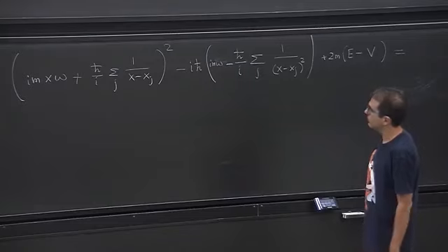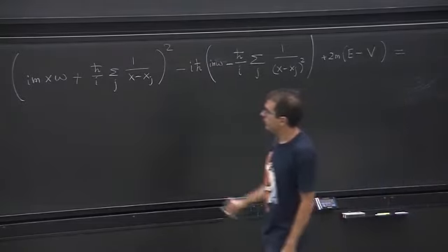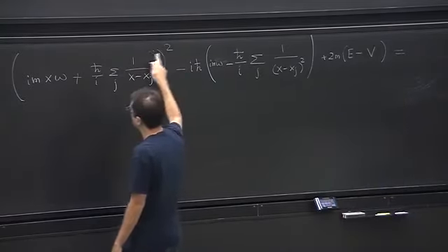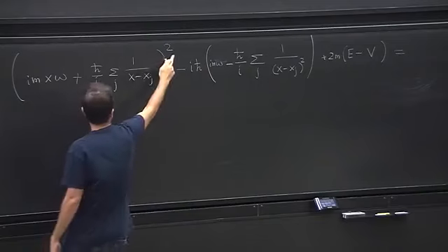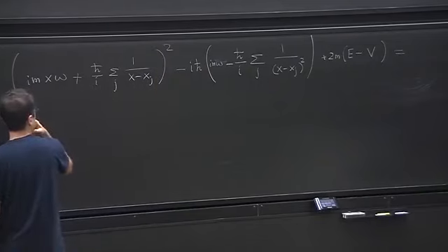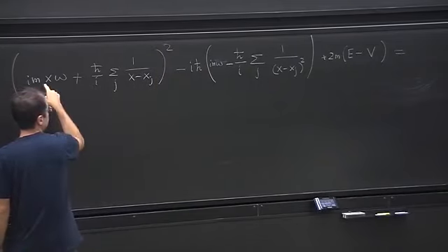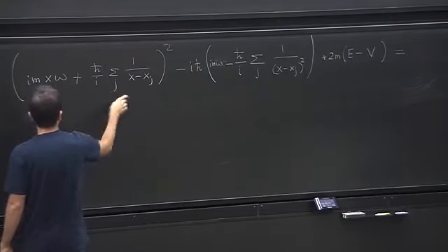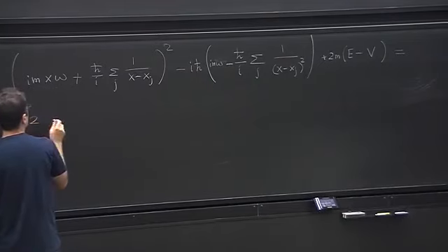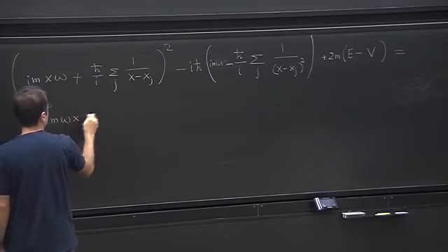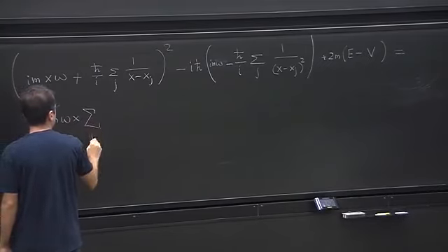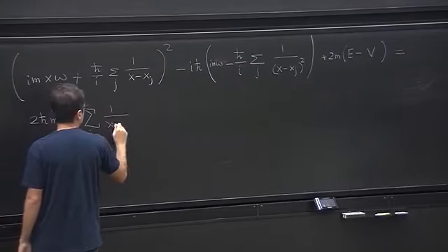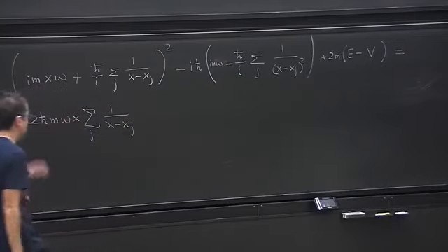Okay. And now what we see is the following. So let's see how this works. So we get the square of this term. It cancels with the potential, so I'm not going to write it. Then we get the cross term, which is 2 h bar m omega x sum over j 1 over x minus xj.